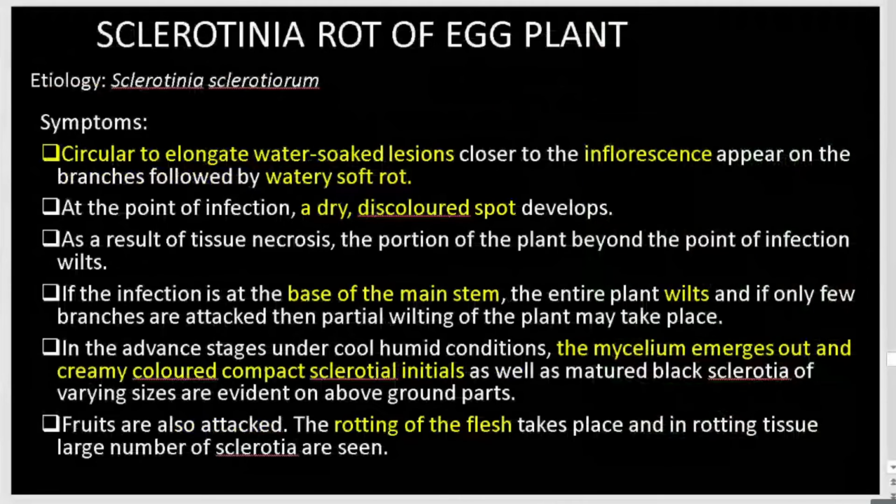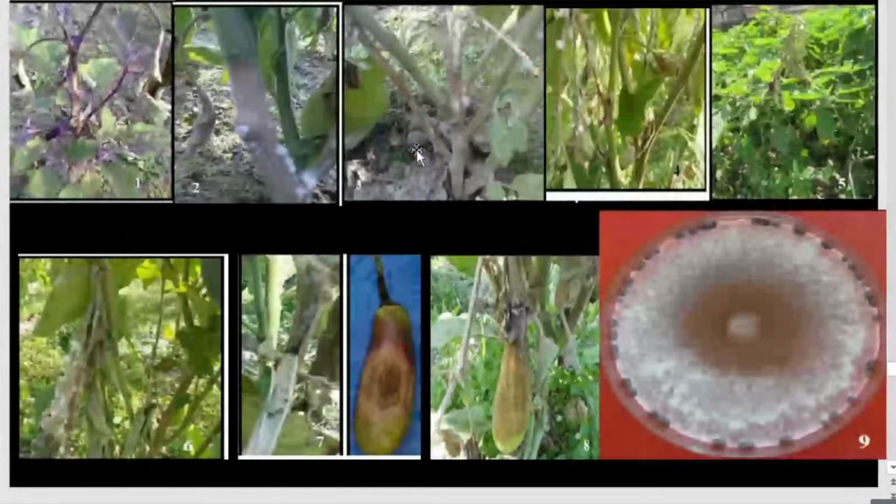I won't be discussing Sclerotinia rot of eggplant because we have discussed this time and again in case of beans, and recently in case of pea as well. Everything is similar. Sclerotinia has a very wide host range. They generally infect the collar region, close to the soil.